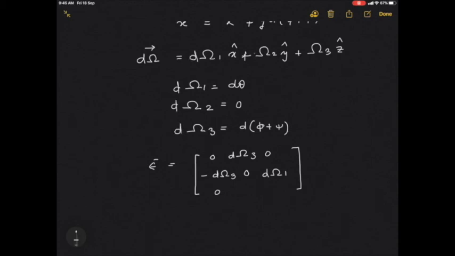These are the infinitesimal rotations, right? So I should write with the d. So clearly this is an antisymmetric matrix.